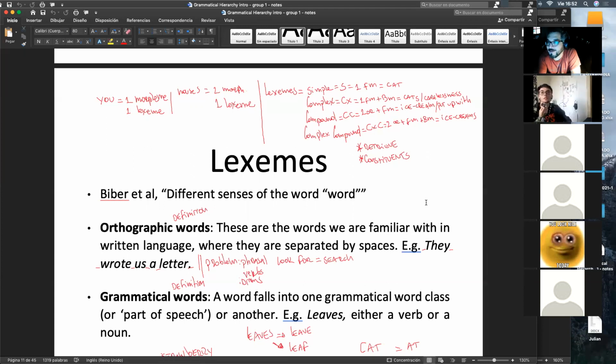Dice compound, son 2 or more free morphemes. Ah, or... ¿Sí? Vale. Como por ejemplo ice cream o un phrasal prepositional verb como por ejemplo put up with. Existen esos verbos de 3 partes. Put up with es un verbo. Y eso también es un compound. Ya. Sí, que no entendía eso. Tranquilo.